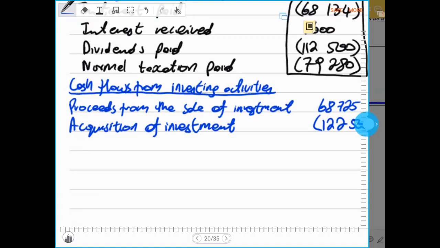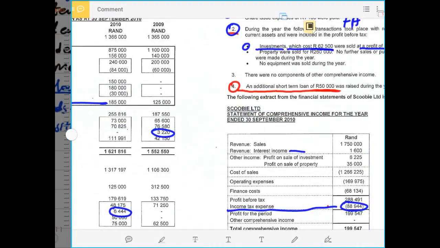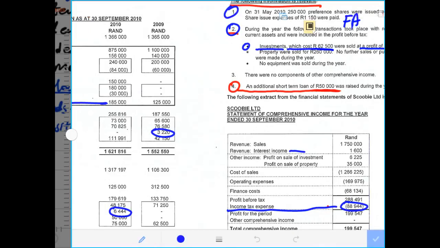Then we look for another entry that affects our assets. With regard to investment, we are done. We have taken into account what was sold and what was acquired during the current year. Proceeds and acquisitions for investment have been taken into account already. Now, the second bullet point says that property was sold for 260,000.